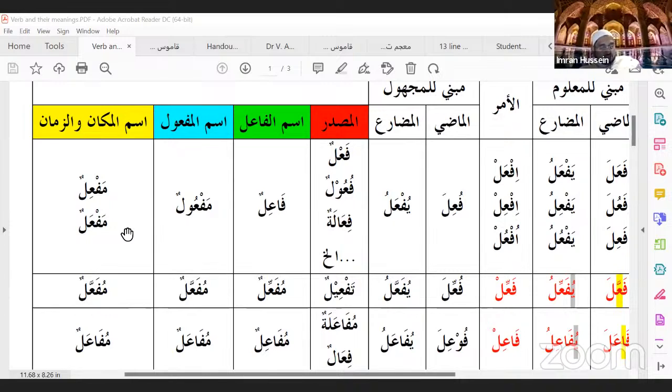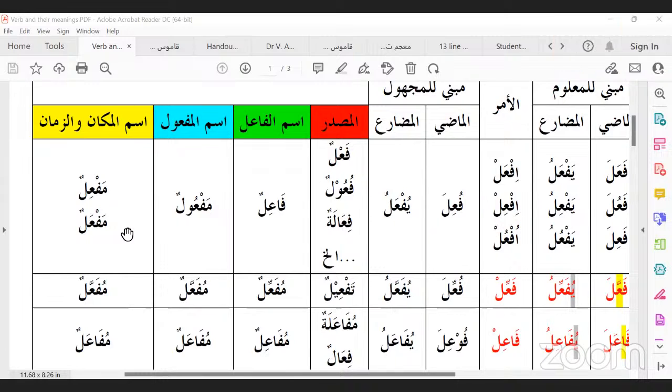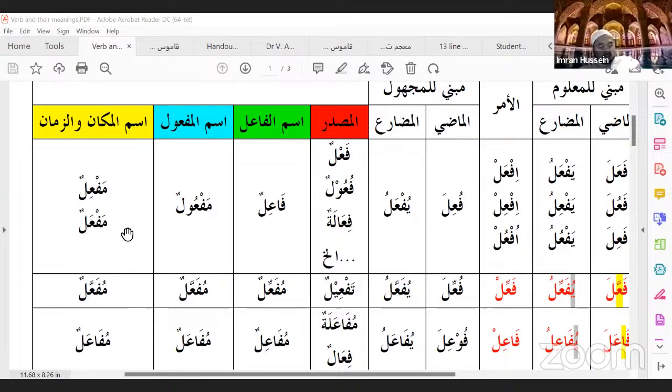How do you know on which of these three scales I have given you this word is going to be constructed? Quite easy. Just memorize this formula and you'll never forget it in the rest of your life.